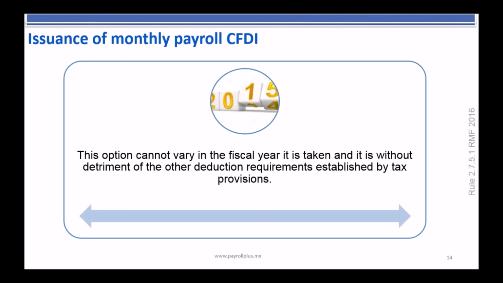Or if you already started using a single CFDI per payment, you have to continue using this methodology during the year. You can vary this option on January 1st of the following year, but you still have to complete the whole year using the same option.